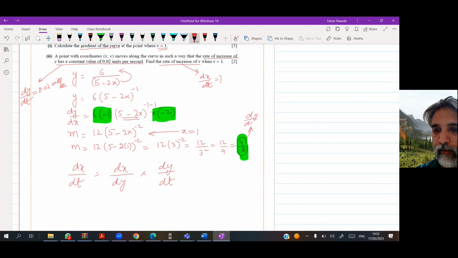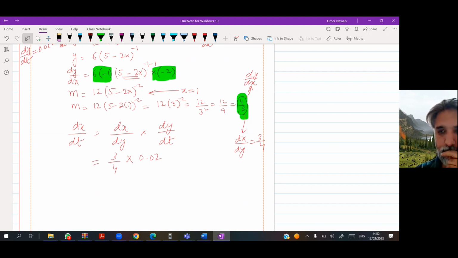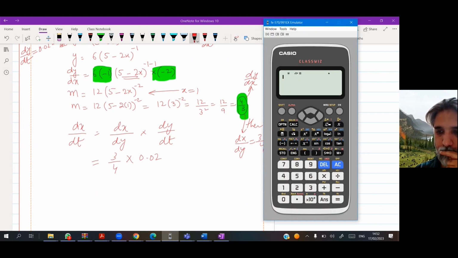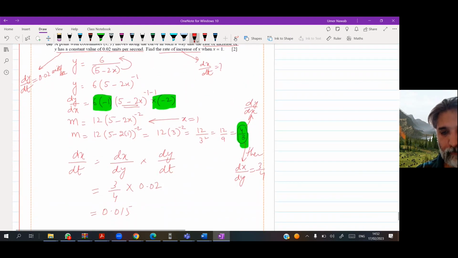This is dy by dx, but I need to find dx over dy, so reciprocate it: 3 over 4 and dy by dt we can use 0.02, in units per second.